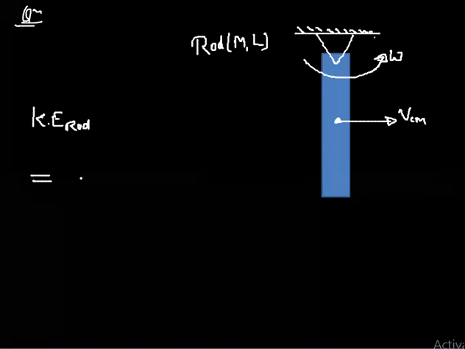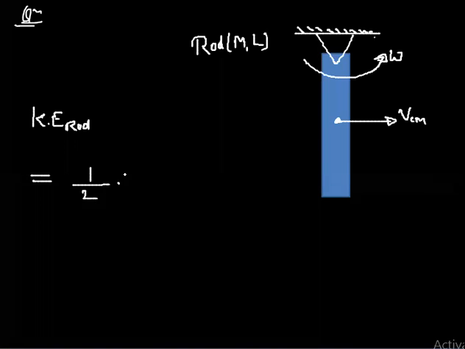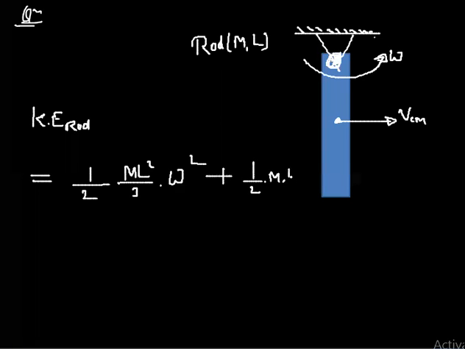What we are going to do, we will write half ml square by 3 because it is now fixed about one of its ends. So the moment of inertia about this point will be ml square by 3. Then we can write half m velocity of center of mass square. So this will be the answer.